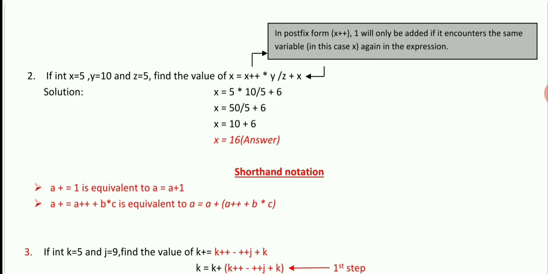So 50 divided by 5 will give me 10 plus 6, that is equal to 16. So the answer for question number 2 is 16. So that is how this type of expression is evaluated. In order to do the sum, you must be familiar with the priority of operators and the associativity rule.